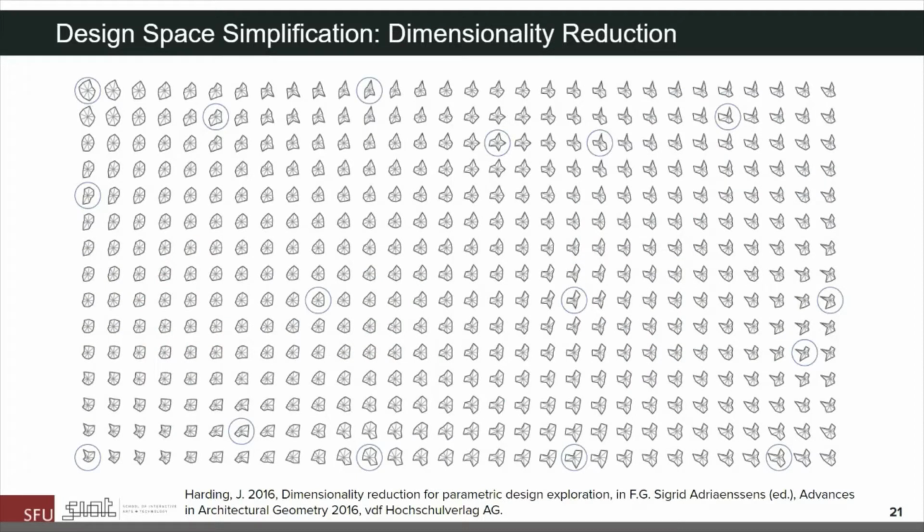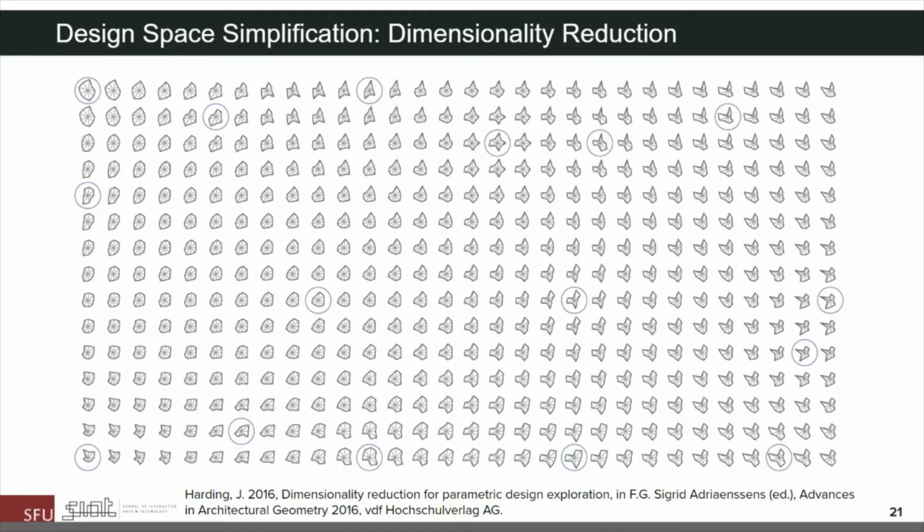Another form of space simplification is dimensionality reduction. In practice, it is often the case that parametric models have more than a dozen different parameters. Dimensionality reduction can be used to gain an understanding of the ranges of geometric variations in the design space in a simplified representation.